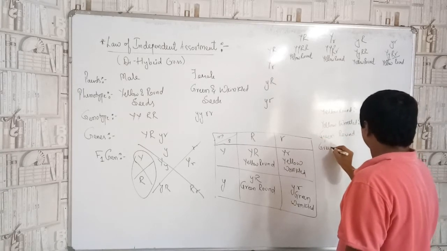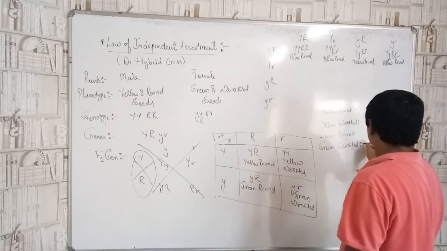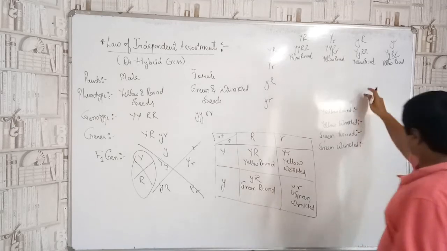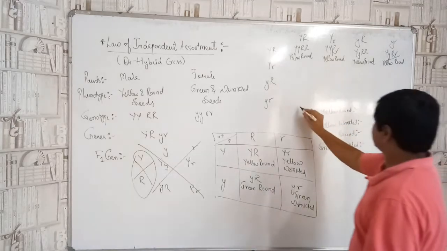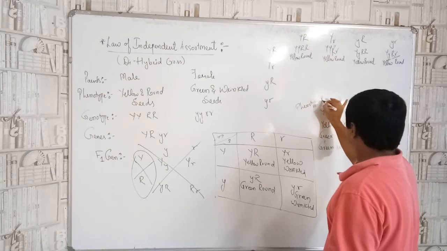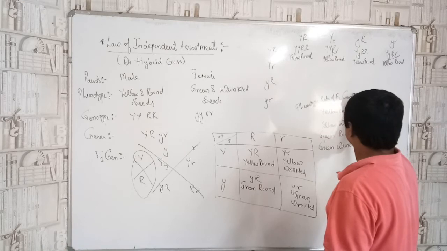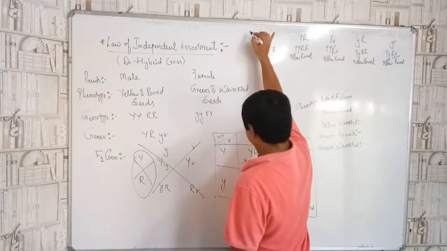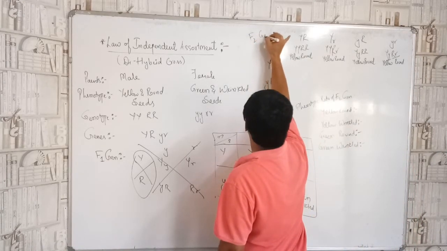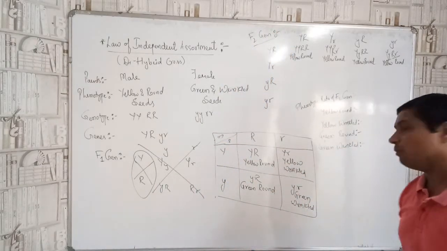And green wrinkle. Okay, what are these ratio? That is the phenotypic ratio of F2 generation. That is the F2 generation. That is the filial generation. Okay, the filial second form of children.